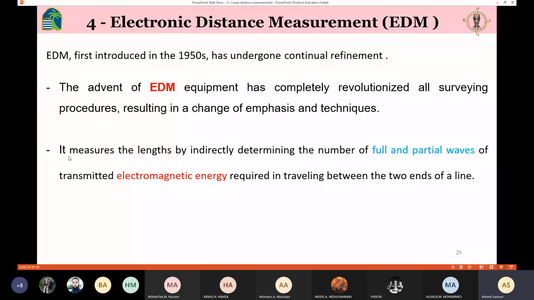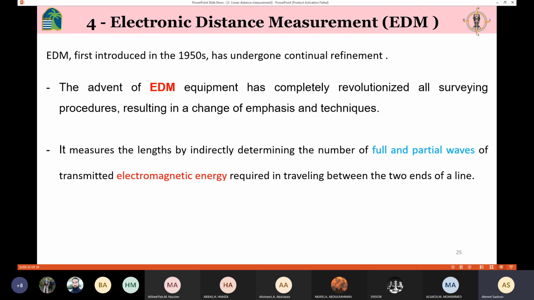And the EDM measures the length by indirectly determining the number of full and partial waves of transmitted electromagnetic energy required in traveling between the two ends of a line. So if you have a line, then through the EDM, waves of electromagnetic energy are going to be transmitted, and then you are going to have a reflector at the end reflecting this energy.